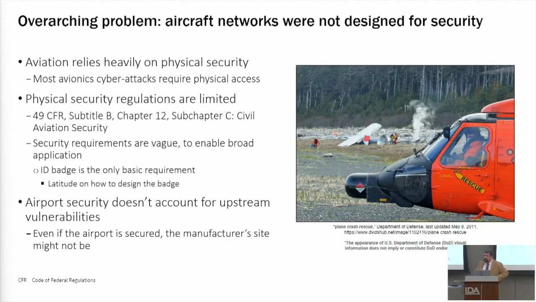So the overarching problem with aircraft is that their networks are designed for assured message delivery. When you want the flaps to move, when you want your landing gear to go down, you don't want that to be a maybe. That has to happen. If you use a protocol like Ethernet, you might lose packets, you might have fragmented packets, and that's not the way these networks are designed.